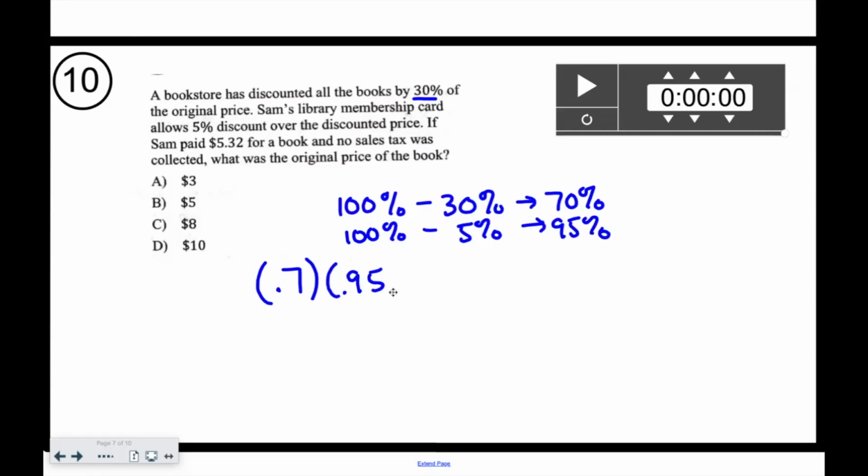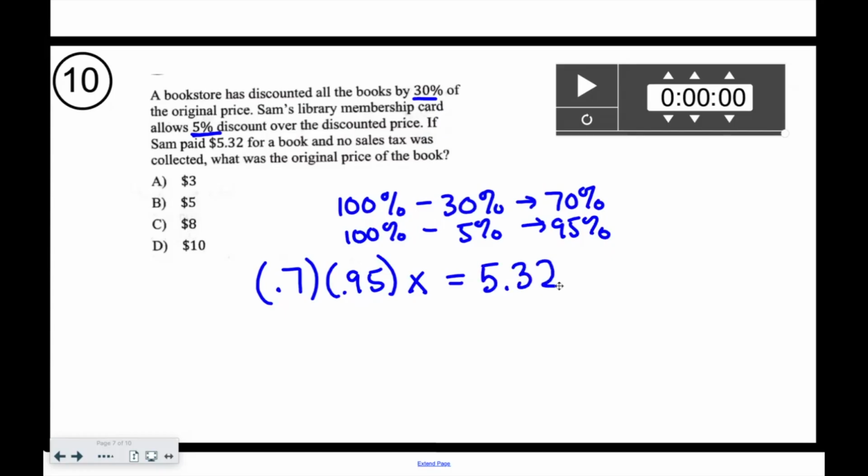So multiplying by 0.7 is the 30% discount. Multiplying by 0.95 is the next 5% discount after the 30% discount. That is what we would multiply the original price by. We would start with our original price and multiply by both of these. And in the end, our discounted price after both discounts is 532.